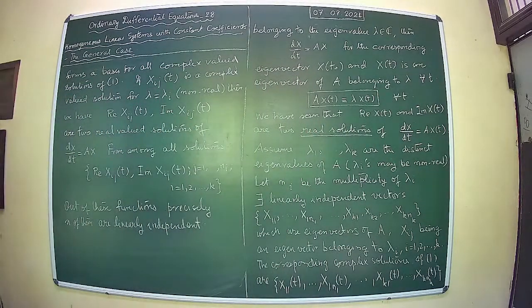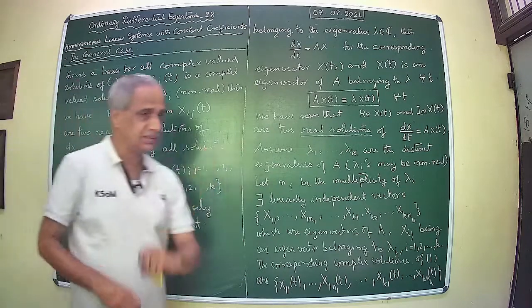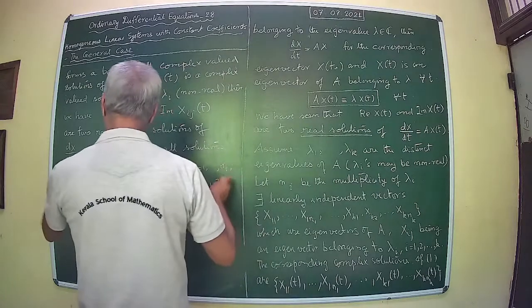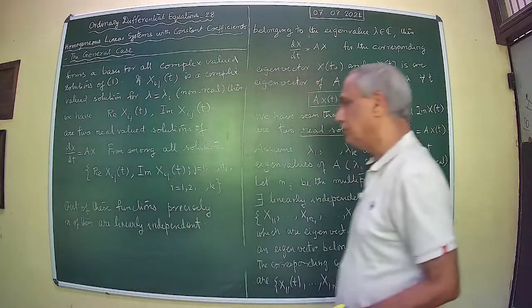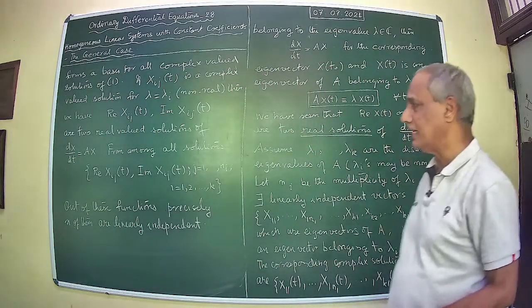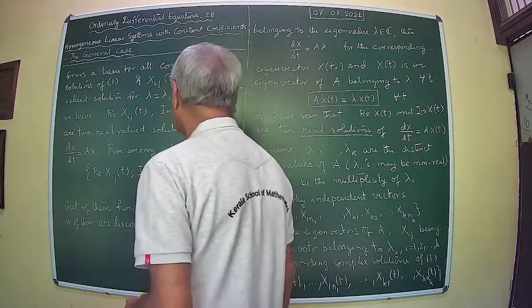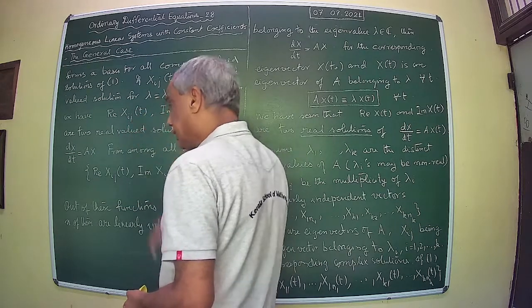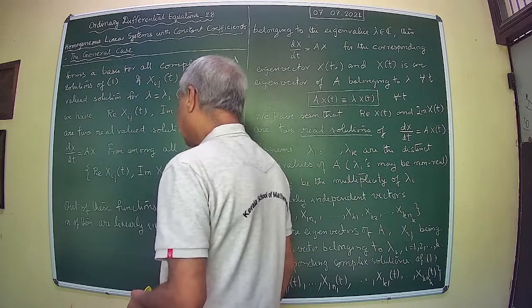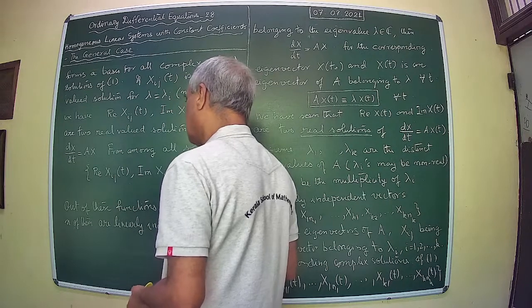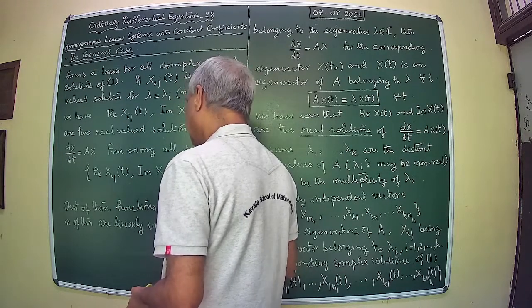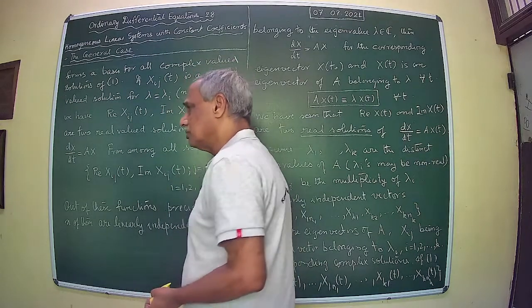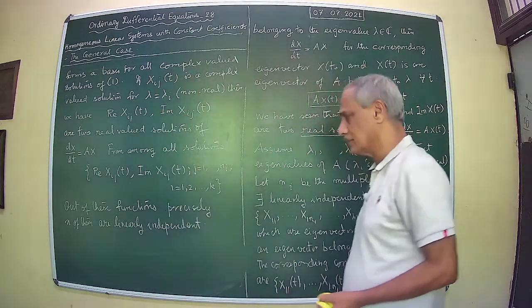So you get corresponding to this as many real vectors as possible. Now you see that real xij t is a solution of dx by dt equal to Ax, subject to the initial condition that real xij t equal to real xij t naught at t equal to t naught, one of the given vectors.